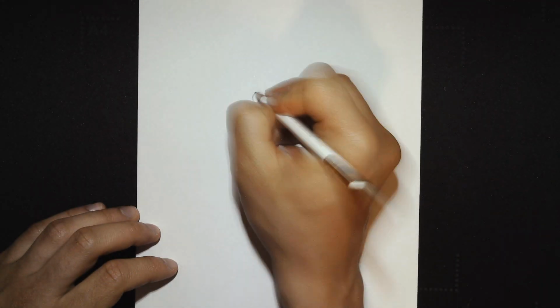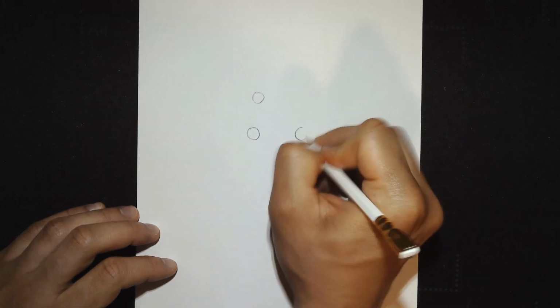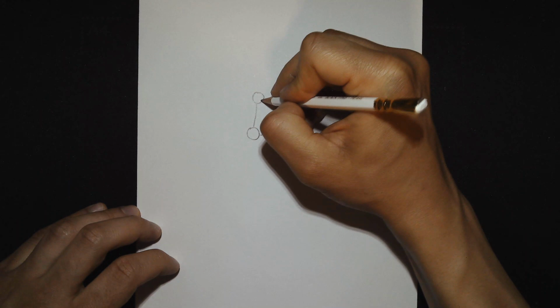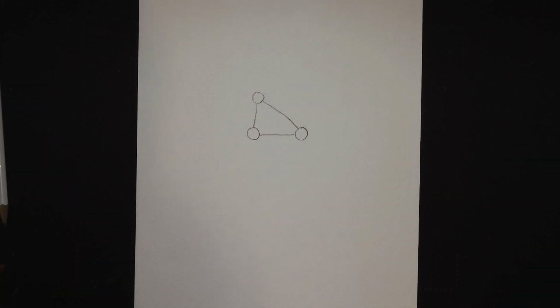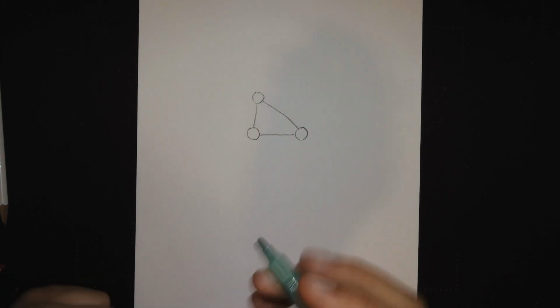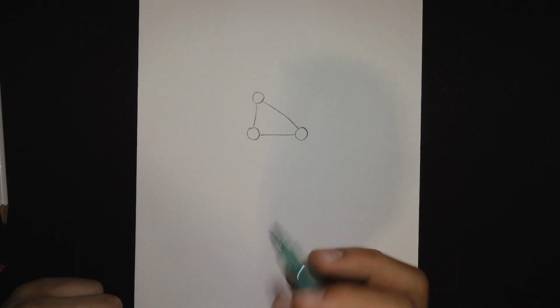If I had a graph here with 3 vertices and 3 edges, we're going to, via a process of trial and error, find a minimum edge coloring of this graph, and therefore determine the edge chromatic number of this graph.